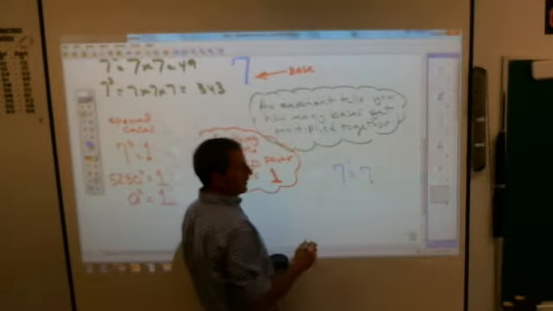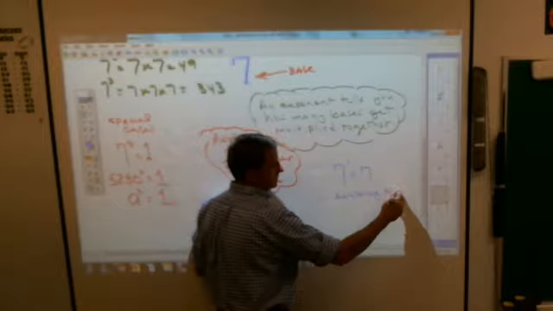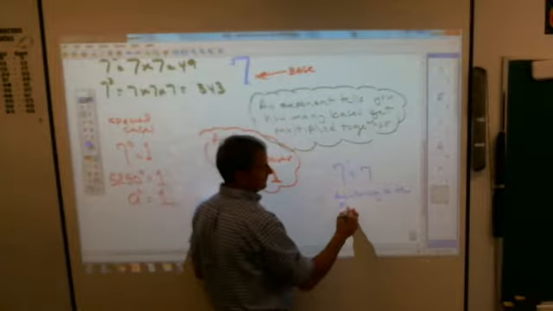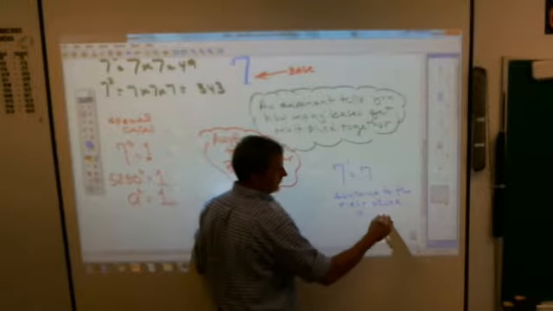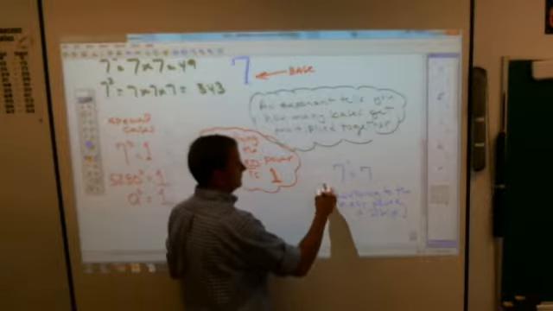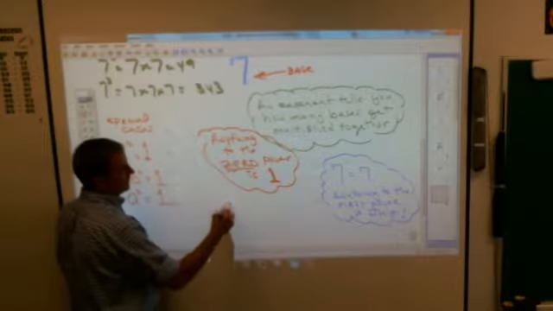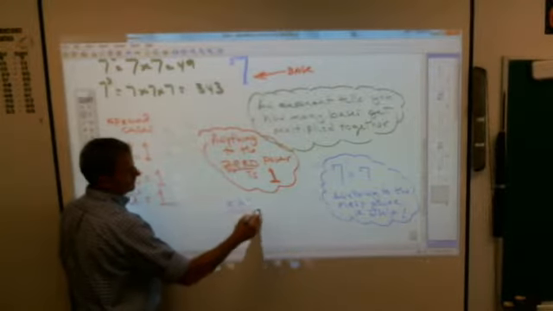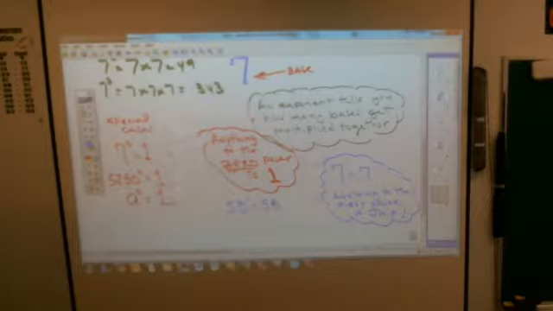And the rule with the 1st power is this: anything to the 1st power is itself. 58 to the first power is 58. Usually we don't put the little 1 up there because it's just itself. There's no point in putting 58 to the first power because it's just 58. So you just write 58.